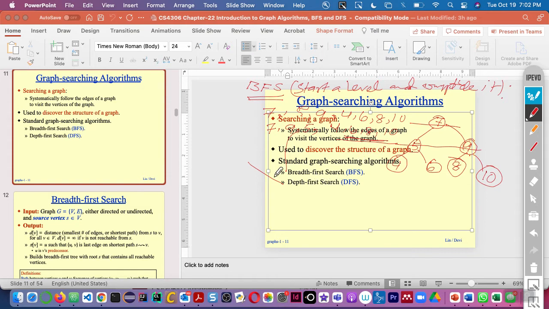So I can say depth first search in order, depth first search pre-order, and depth first search post-order.